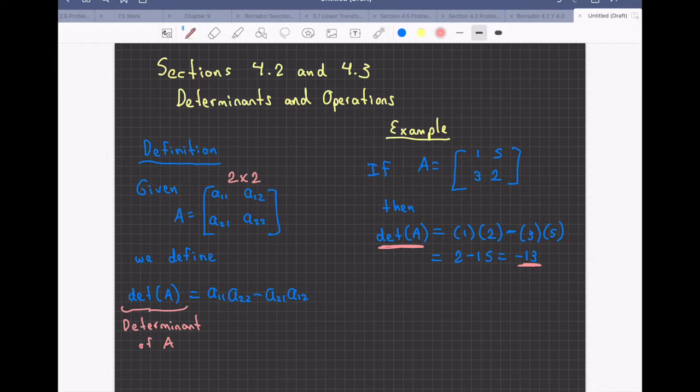If some of you already have experience with determinants and know other methods, no problem, as long as you get the right answer, no problem as to how you compute them.